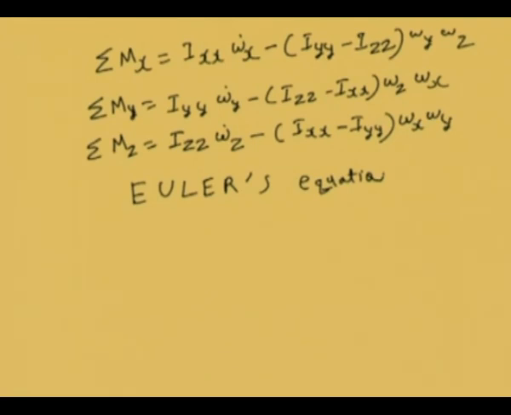So either you take a point in the body, either that point is the fixed point or that point is the center of mass. However, apart from that, it can also be a point which is accelerating, but the acceleration is either towards the center of mass or away from the center of mass.